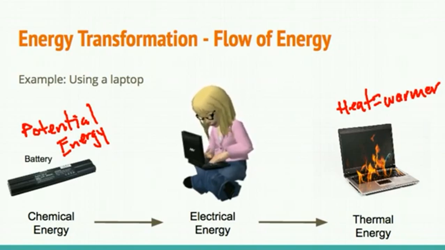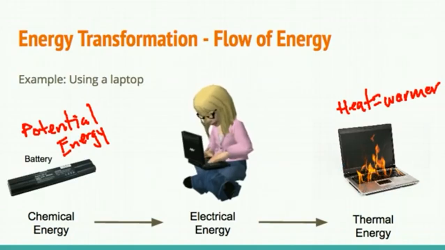Obviously, most laptops don't do that, but you get the idea that you're getting heat, and that heat isn't really electrical energy, it's actually thermal energy. So there's three forms of energy that are being created or transformed just by simply using a laptop. Okay, so that's how I want you to look at the tracing of a heat flow.